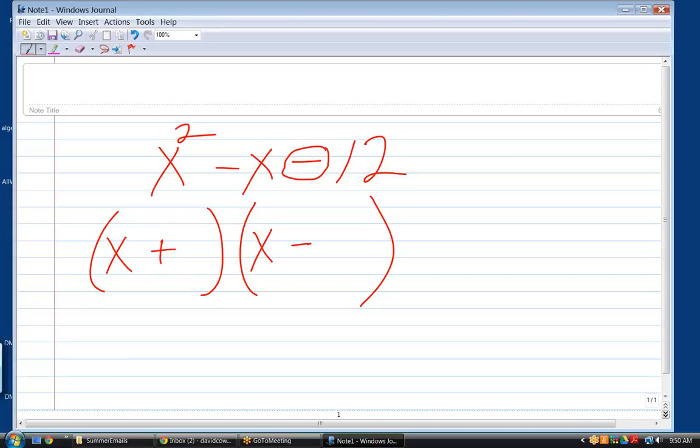To what number? The coefficient of x. What's the coefficient of x? 1. Yes. So I'm looking for factors of 12 that subtract to 1. What are those?